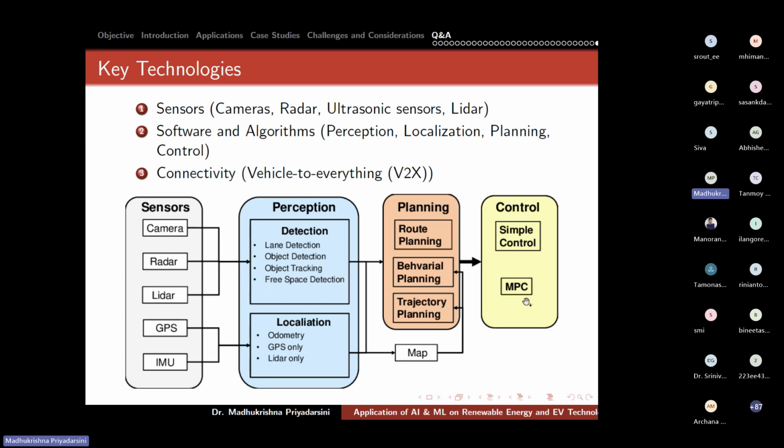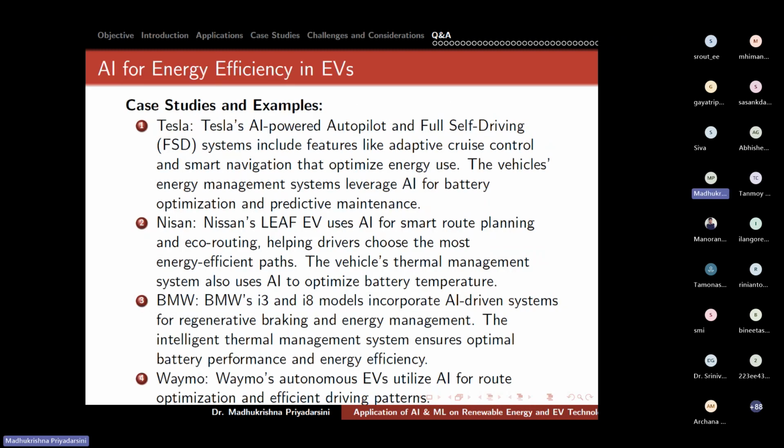is your model predictive control, how multiple kinds of predictions provide you the output. So these are the three technologies we are going to use for autonomous vehicles inside your EVs. And also in EVs, we are going to work on energy efficiency.